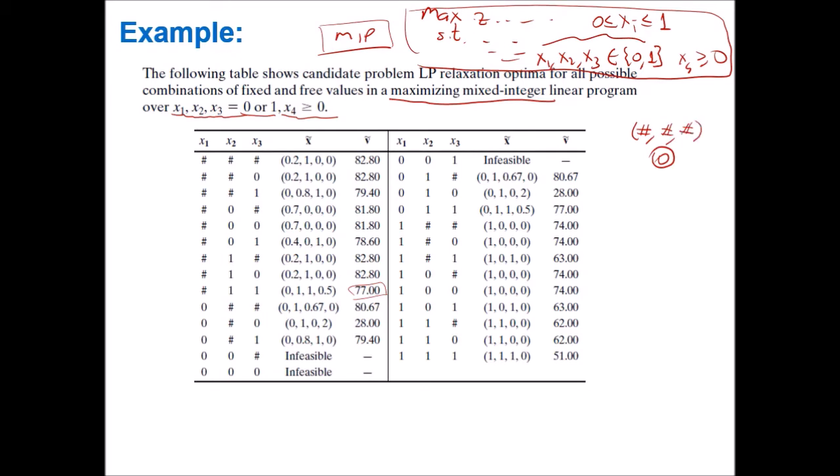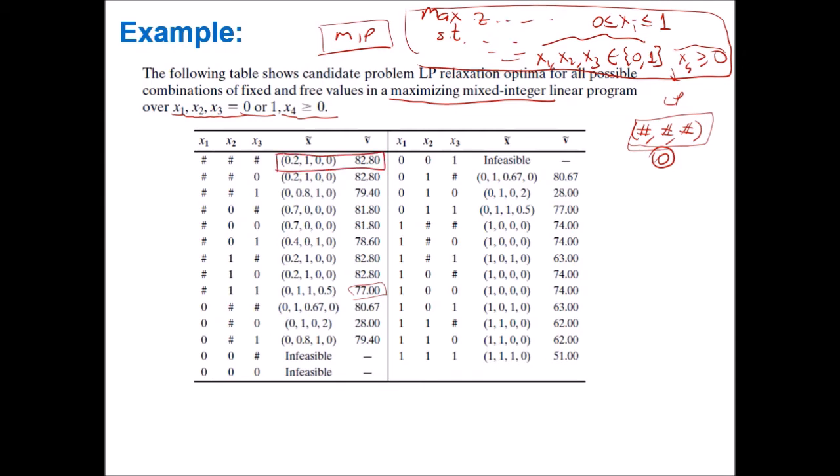We don't need to consider x4 whether it's fixed or free, because we will never fix it because it is not an integer variable. Now in the root node, I need to solve this problem. This is the LP relaxation of this problem, and the solution is provided here in this table.